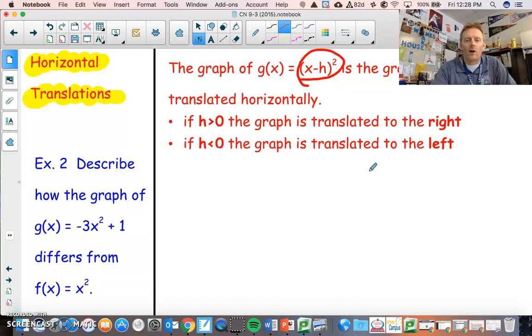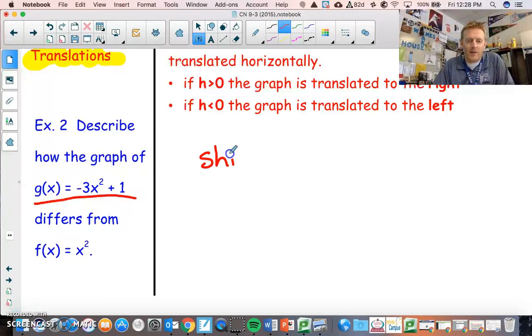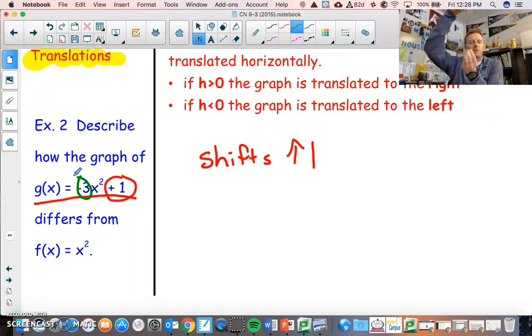Our job now is to use all that information and describe all of the different transformations taking place to this one, negative 3x squared plus 1. So what we would say is that we are shifting the vertex up 1 because of the plus 1, and we would also say that it is becoming stretched vertically.